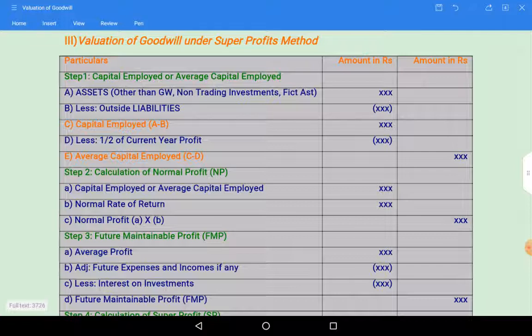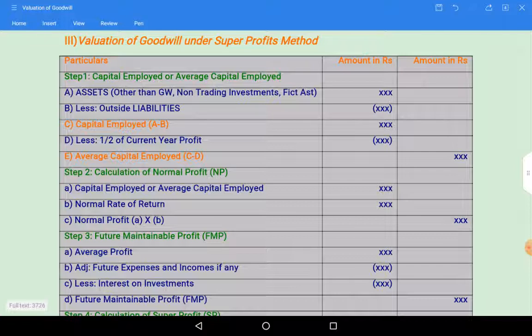How many steps? 5 steps. 5 star chocolate, 5 star. You will get a 15 marks question from valuation of goodwill or from valuation of shares. I hope one from valuation of goodwill and another from valuation of shares, so it will be a good and easy chapter for you all to score marks in the exam.